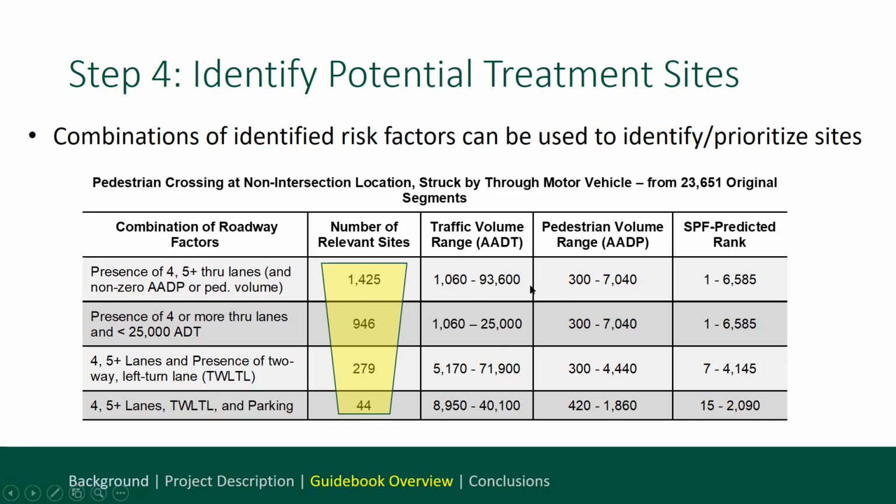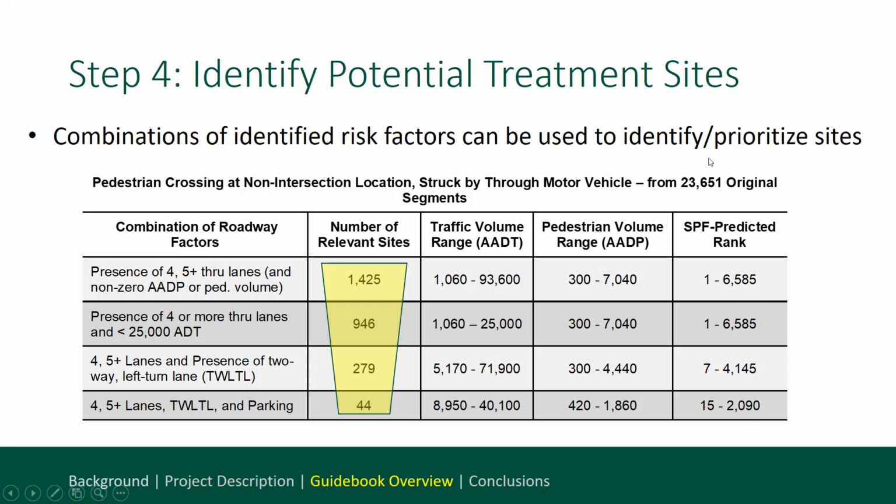And then you could talk about what their volumes are. And then you could see that out of the 23,000 total sites, the ranking of these sites falls between 1 to 6,585. Now, that means there is no site with this combination of factors that falls below a 6,585 ranking.